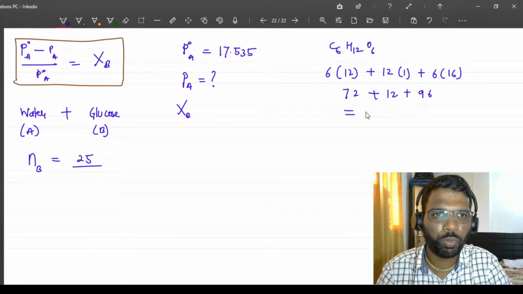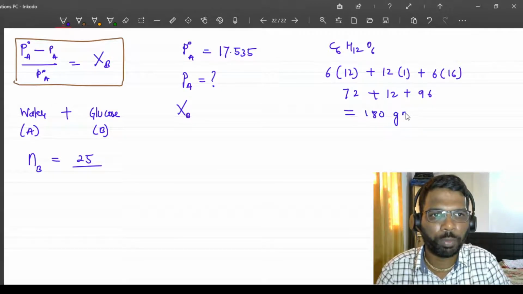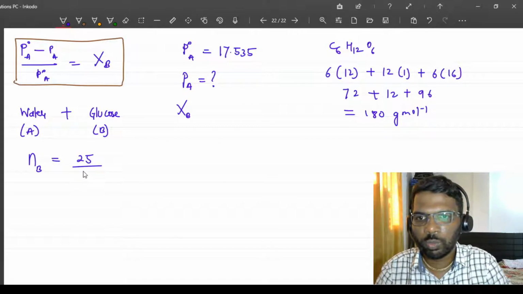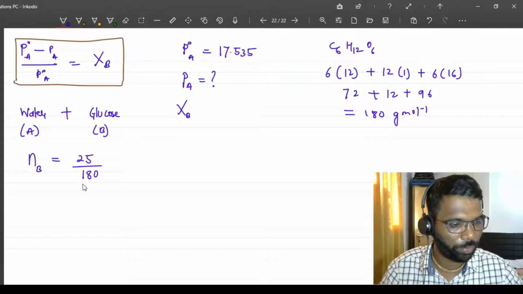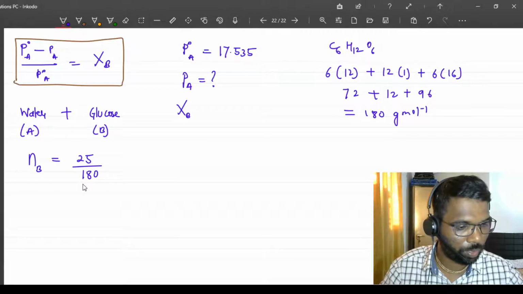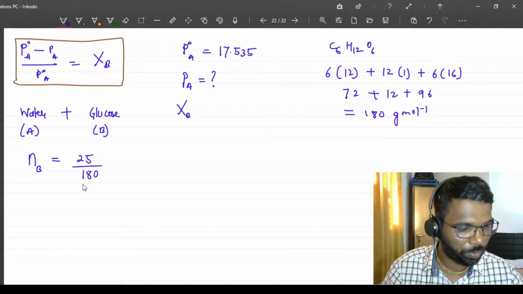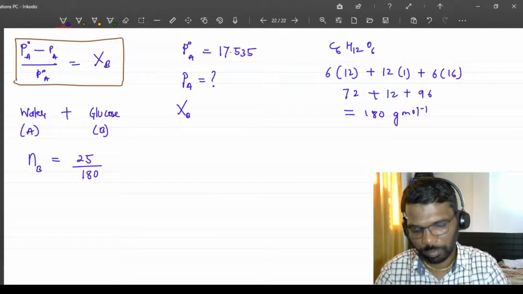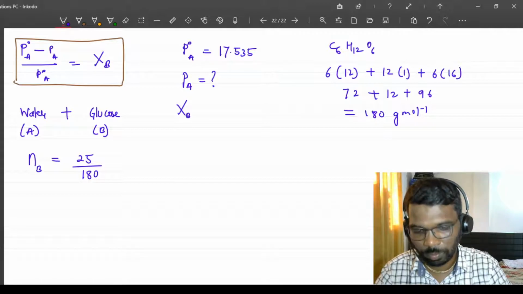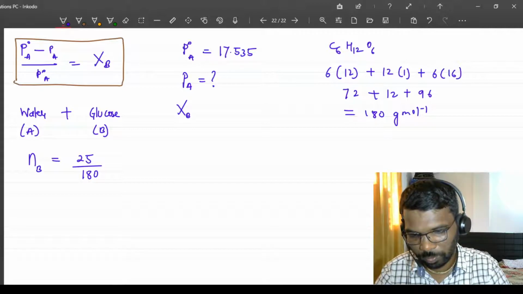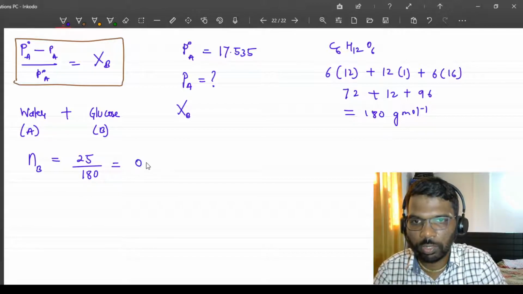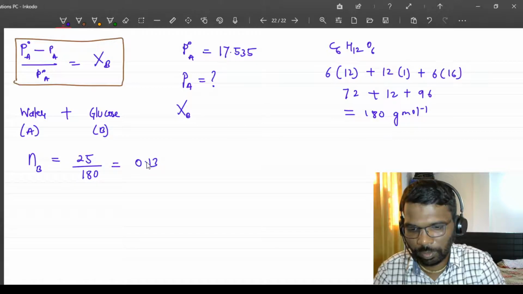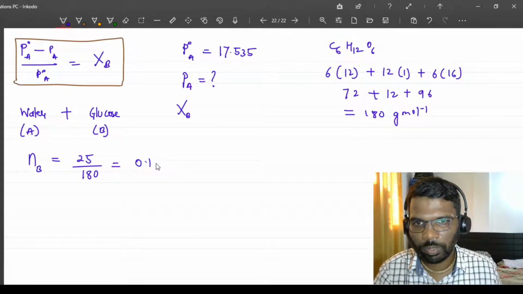This comes to 180 grams per mole. So 25 divided by 180 gives the number of moles as 0.138, approximately 0.14.